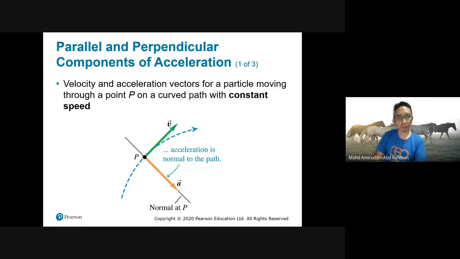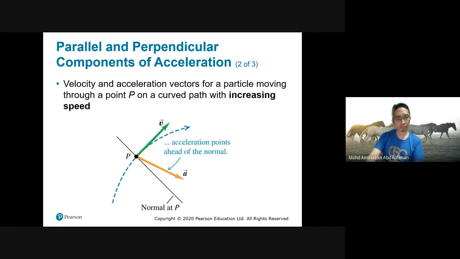The velocity and acceleration vectors of a particle moving through a point P on a curved path with constant speed: the acceleration, as we just mentioned, for the curved path, will point inside that curve. Then for a particle moving through a point P on a curved path with increasing speed, the acceleration vector will also move upward.